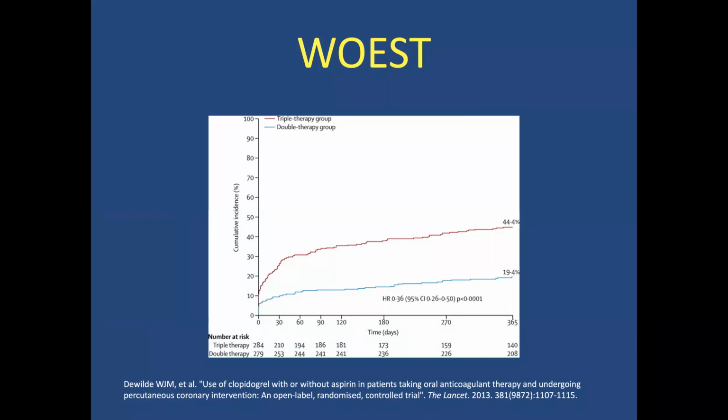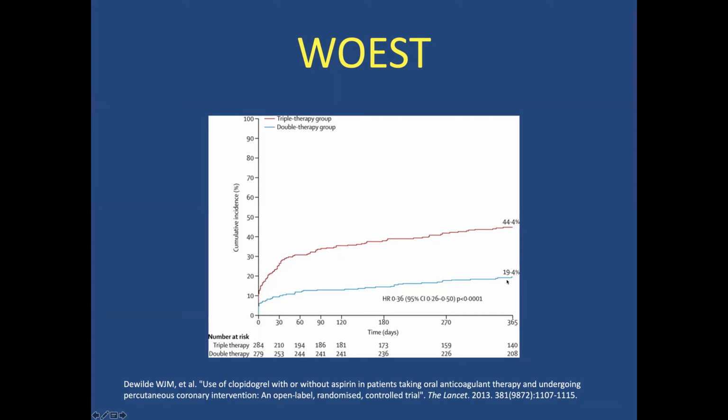So the first trial, which looked at actually taking away the aspirin, looked at a group of patients with coronary artery disease who were post-PCI. There was a triple therapy group with aspirin, Plavix, and warfarin, and the experimental group was warfarin and primarily Plavix with the dropping of the aspirin.